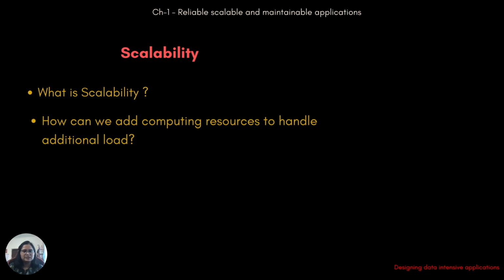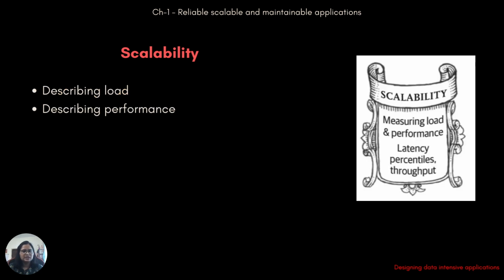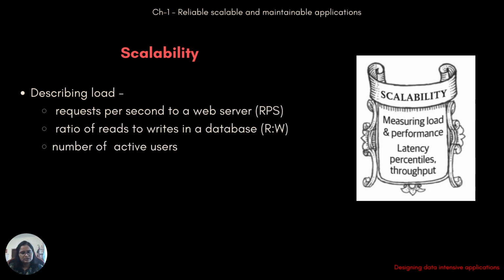What is scalability? Scalability is the term we use to describe a system's ability to cope with increased load. How can we add computing resources to handle additional load? We can achieve scalability by measuring load and measuring performance. So, when we say measuring load and performance, how exactly can we measure the load?